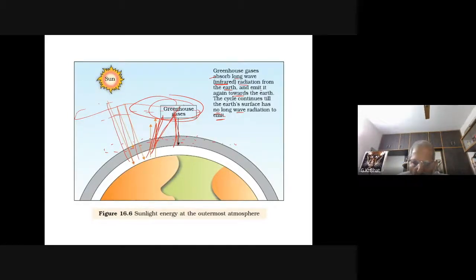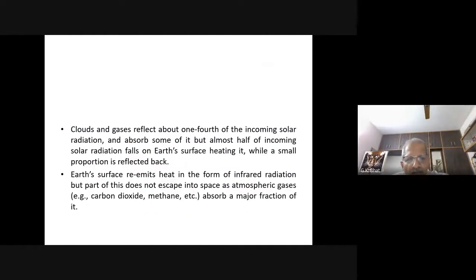Clouds and gases reflect about 1/4 of the incoming solar radiation. Clouds and gases will be there in the Earth's atmosphere.